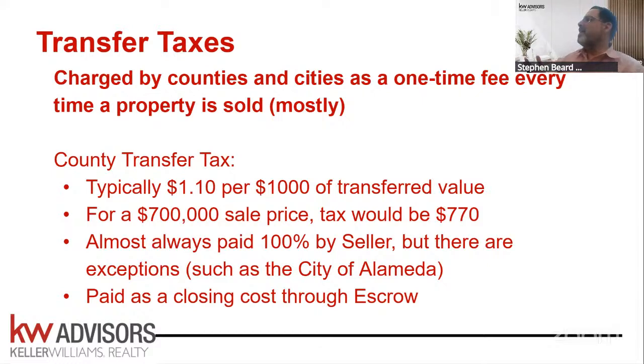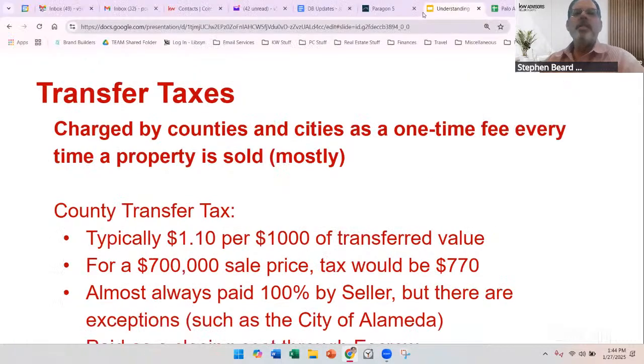In San Mateo and Santa Clara, where I am sitting right now, maybe it's different. How would you find out what the closing cost is for county transfer taxes in San Mateo County? Any guesses? Title company? What else? How about this, guys?